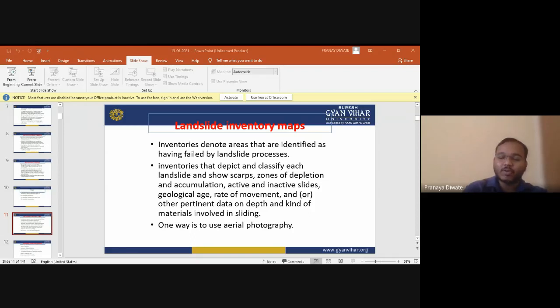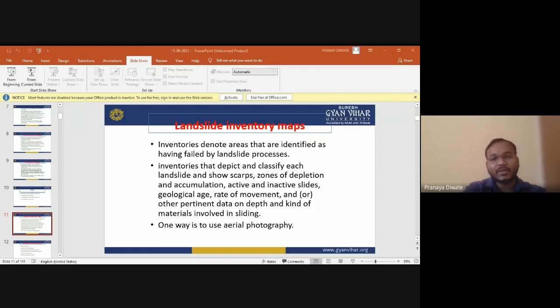So you need real time. This is how your monitoring systems work. This is an example of a network for measurement and transmission of real-time landslide data.